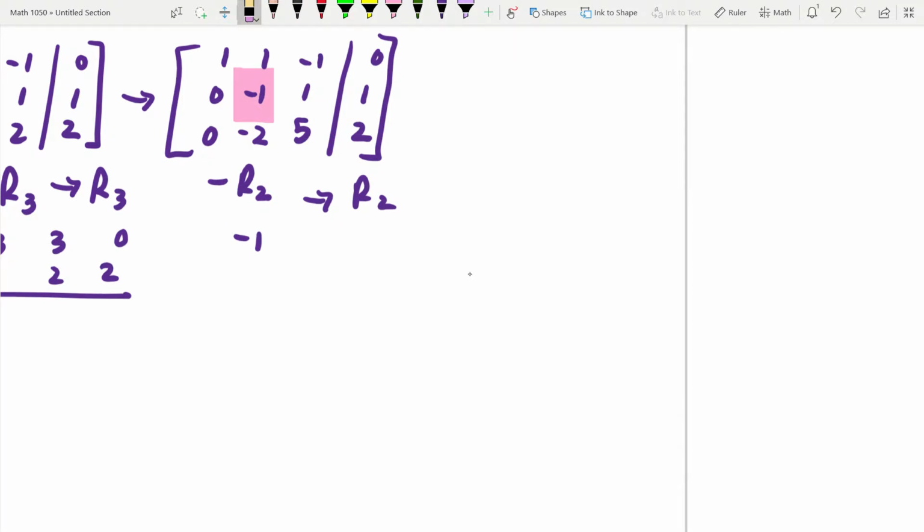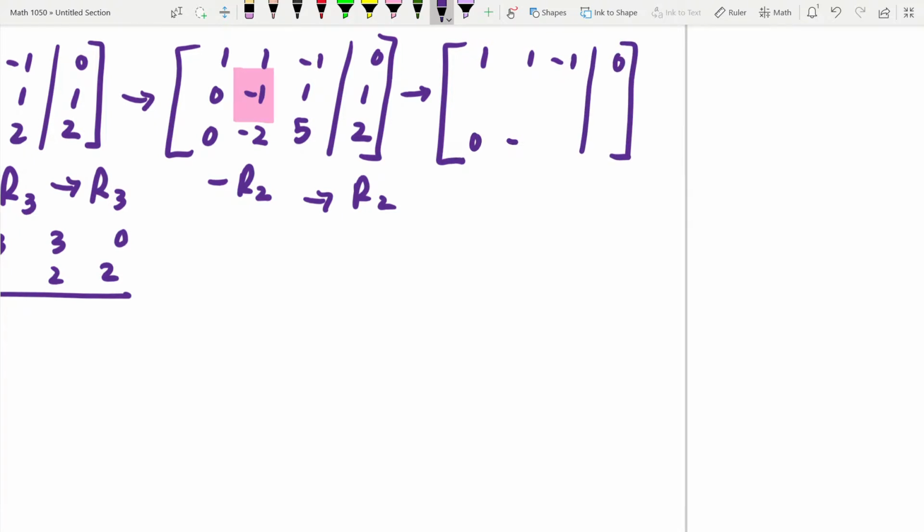And multiplying by -1 is the same thing as just changing all the signs. So I would personally always write that as a multiply, but it doesn't matter. So row 1 doesn't change. Row 3 doesn't change. Change the signs of the middle, and you get 0, 1, -1, 1.